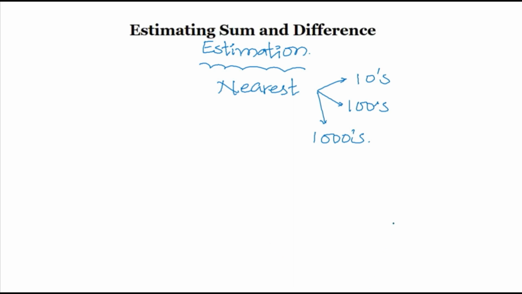We shall see a few questions and understand how to estimate whenever the sum of two numbers or the difference of two numbers are asked. Let me take a question.